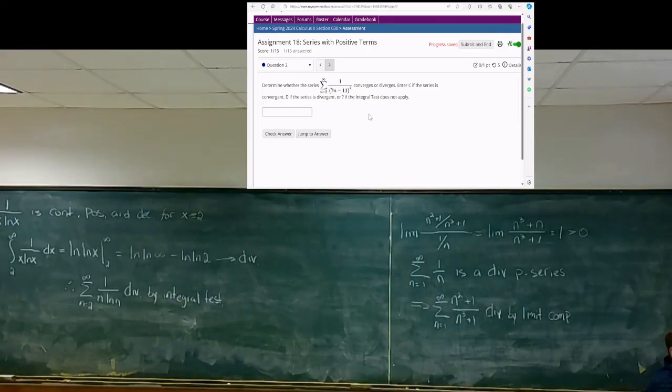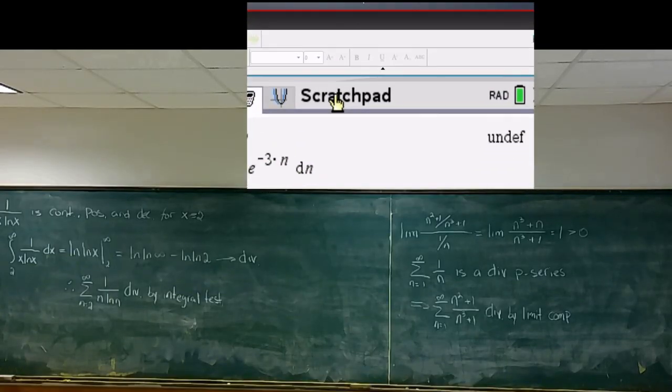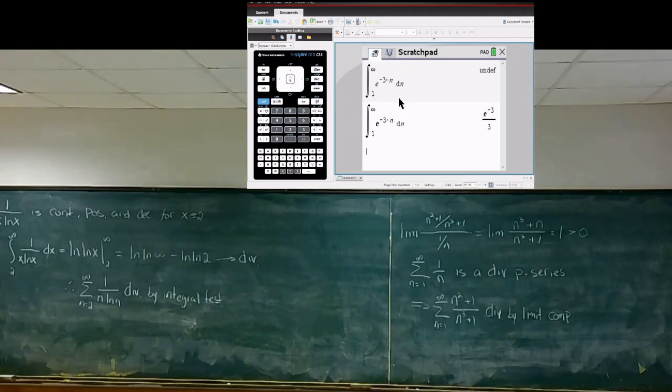So we have to take the integral. So the integral exists. That integral converges.